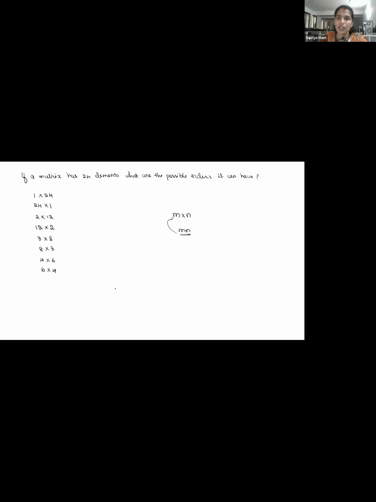Answer is 8. Now I'll change the question. What if I consider 13 elements? If a matrix consists of 13 elements, what are the different possible orders it can have?